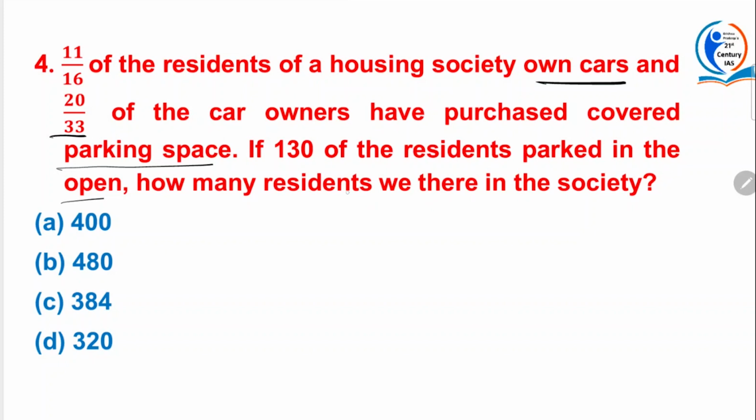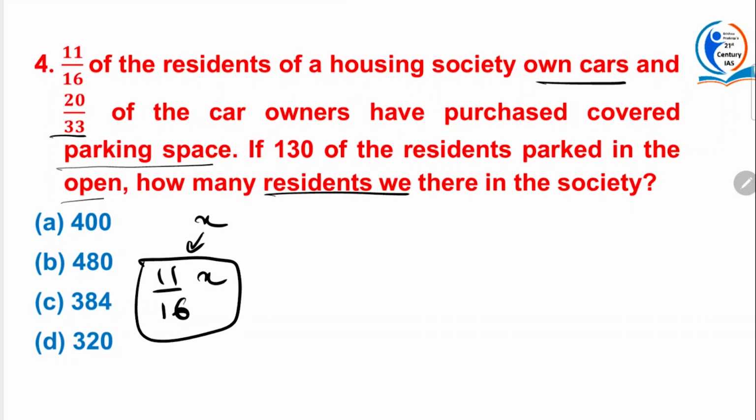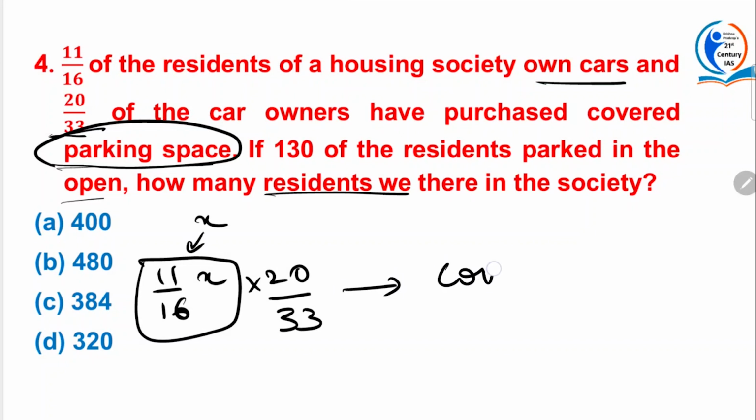Now let the number of residents in the society be X. Out of this, 11 by 16 have cars, and out of the fellows who purchased cars, 20 by 33 have covered parking space. So, these people have covered parking space.